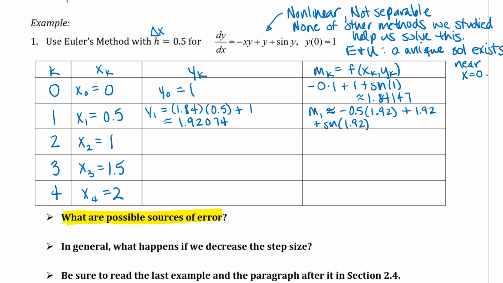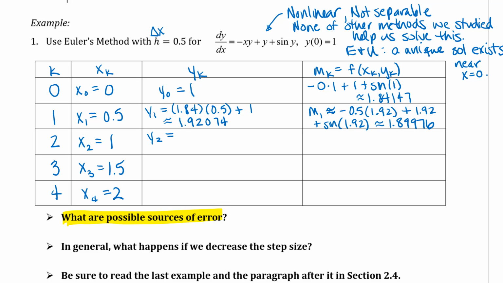All right, so that first slope, or the m1, the slope at the point 0.5 comma approximately 1.92, for that slope I get approximately 1.89976. Okay, and then I'm going to keep just repeating that process. I'm going to write down one more calculation here.